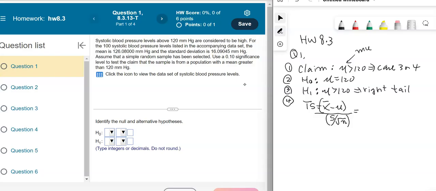Okay. Now, it says sample mean is 126.08 minus 120. Standard deviation is given as 16.09045 divided by number of sample, which is how many? 100. Square root of 100.